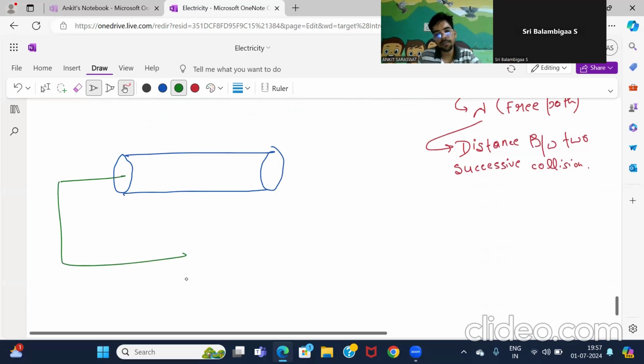This is a cell. What is happening here? These are the kernels. Kernels are here. Positive charge. It is having positive charge, because the atom loses one electron, so it will carry one positive charge. These are the kernels or atoms, copper atoms.